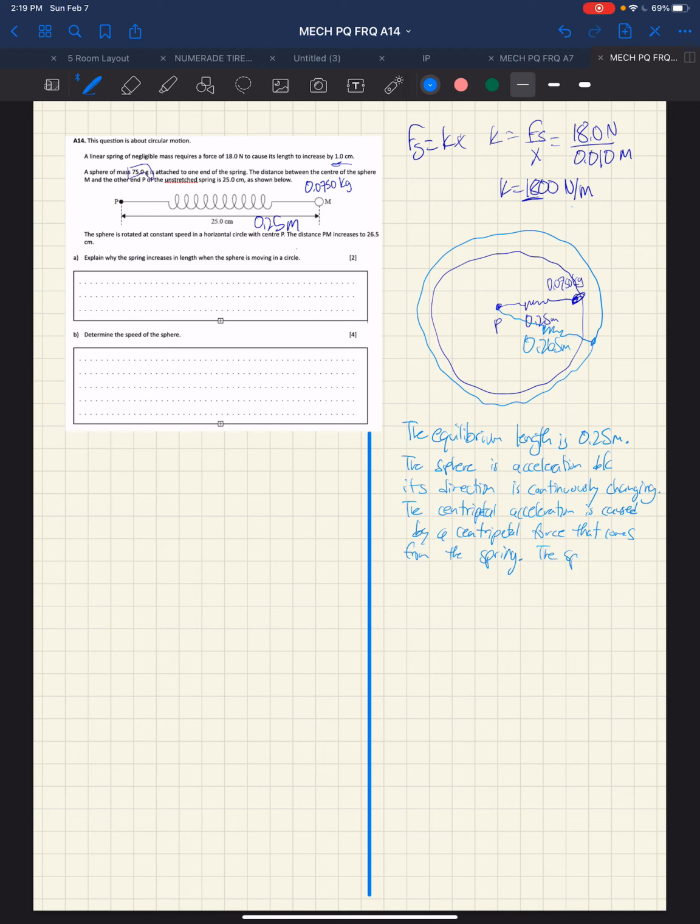The spring applies the force that causes the change in direction, and thus the centripetal acceleration.